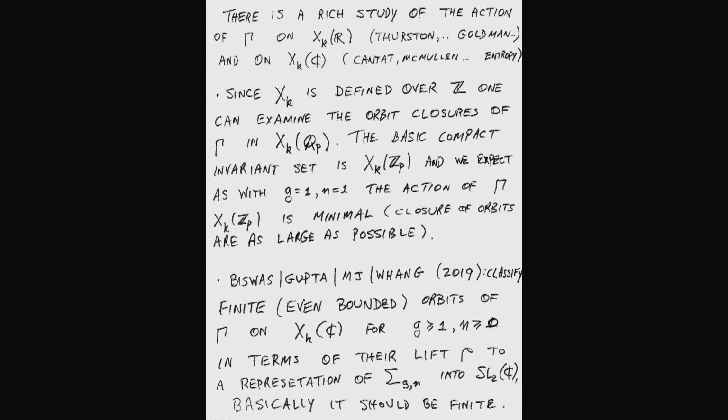There's a question of what the finite orbits are. Well, obviously, if I'm going to say the action is as big as it can be, you better first find the finite orbits, which I made a big deal about last lecture, and I said it was connected with Painlevé. Well, what are the finite orbits in this generality? And Biswas, Gupta, Mj, don't know how to pronounce it, and Wang, very recently classified the finite orbits, at least if the genus is greater or equal to 1 and n is greater or equal to 0.